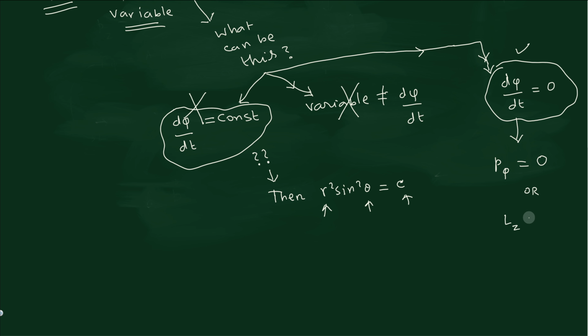So the moment theta and phi are missing in the potential, we say that there is a symmetry present. The symmetry can be due to theta or due to phi. From the Lagrangian, we discovered that the symmetry present was phi, because theta is anyway present. R square sine square theta was there, so only phi was missing in the expression. So this is a very big conclusion, because now the mathematics is going to come down drastically.